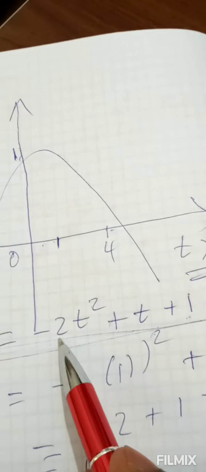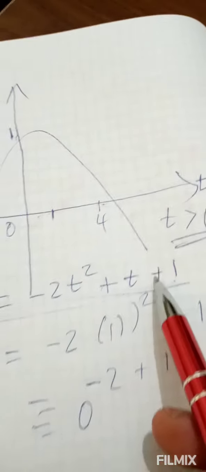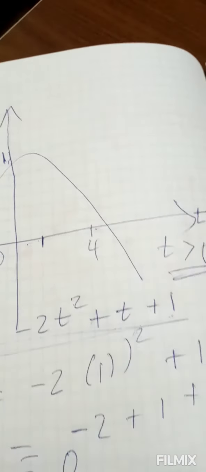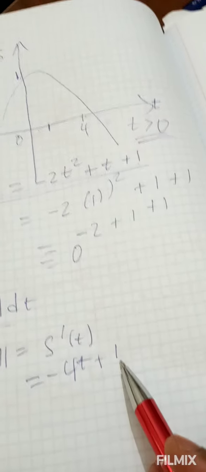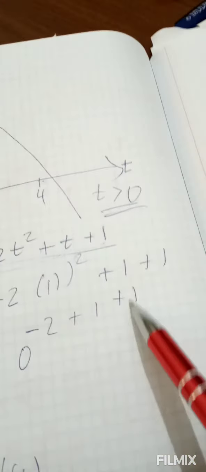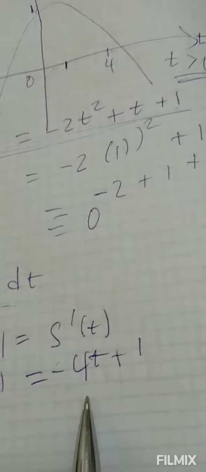Since the function is minus 2t squared plus t plus 1, the derivative will be 2 multiplied by minus 2, which is minus 4t, then the derivative of t is 1, so plus 1. The derivative of 1 is 0, because the derivative of a constant is 0. So we have found the norm r: minus 4t plus 1.